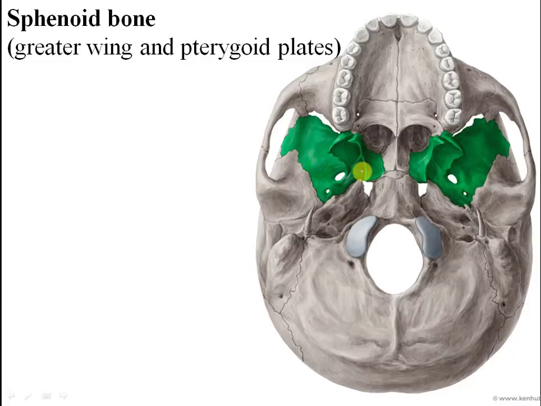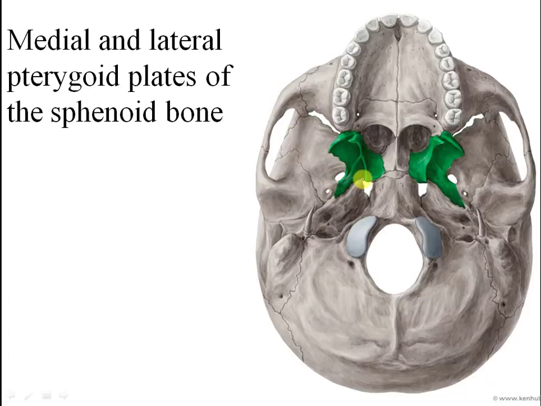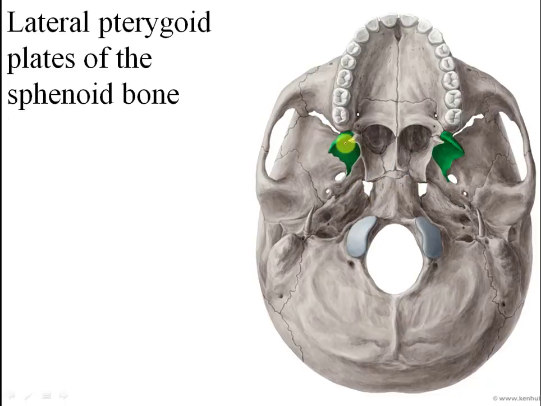This is the sphenoid bone viewed from the inferior aspect. These are the pterygoid plates of sphenoid, and this is the greater wing of sphenoid. The pterygoid process of the sphenoid bone is divided into lateral pterygoid plate and medial pterygoid plate. Here we have an important feature at the lower end of the medial pterygoid plate.